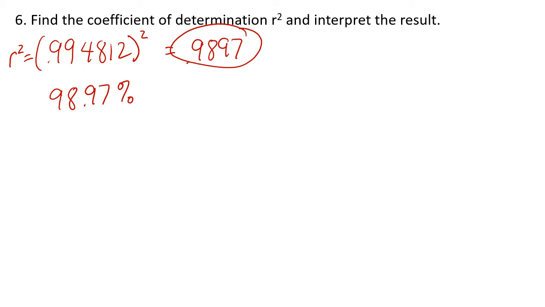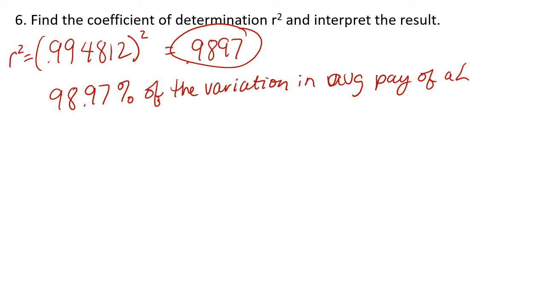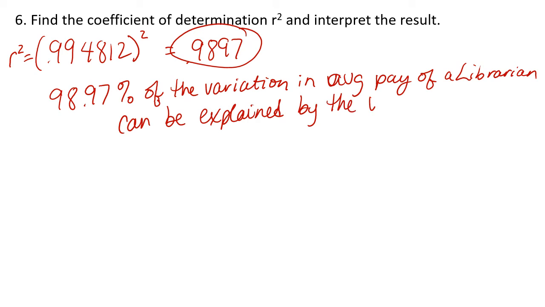So what that means is 98.97% of the variation in the average pay of a librarian can be explained by the variation in the average pay of a counselor.